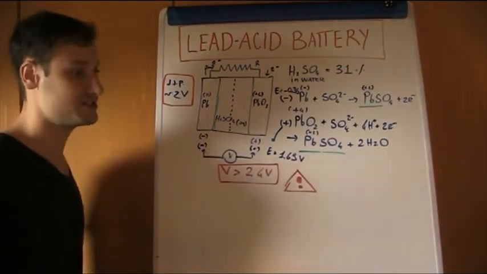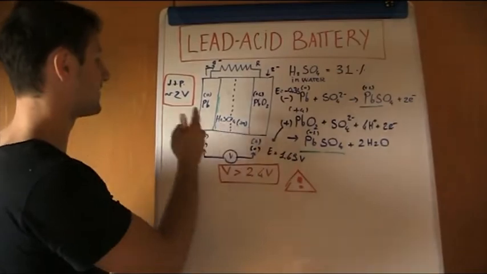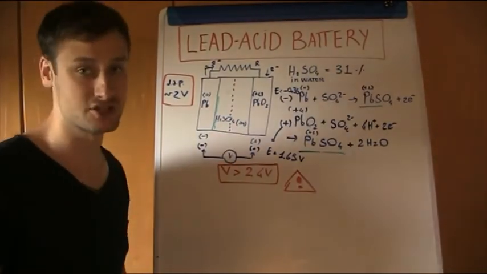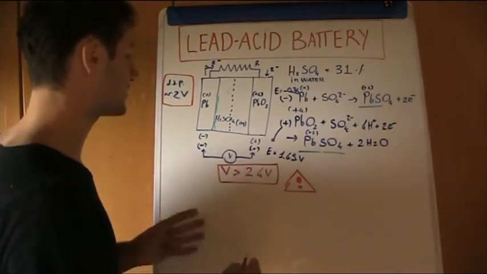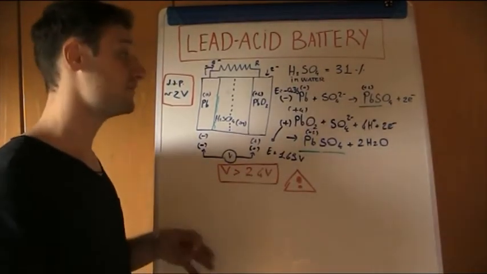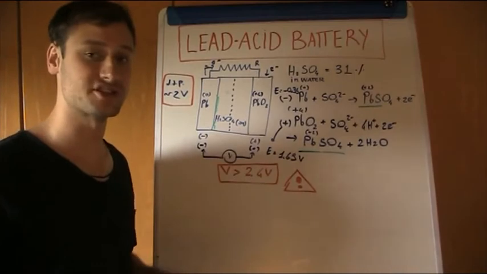And so this means that if for each single cell we have a theoretical d.d.p of 2 volts, without considering the overtension, we can put maybe 6 different cells in series in a stack.